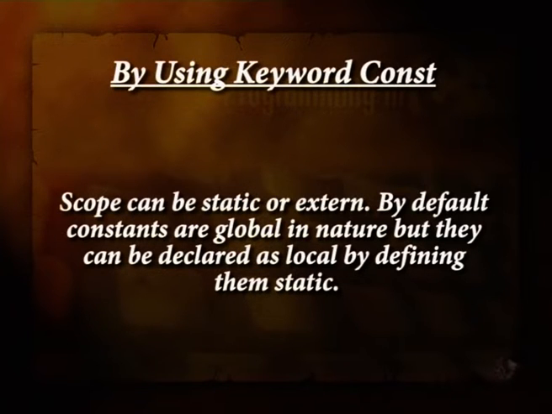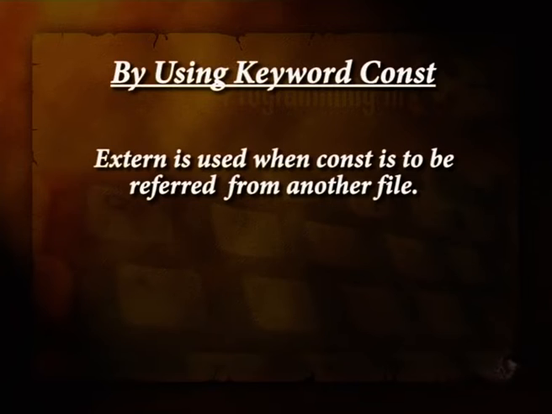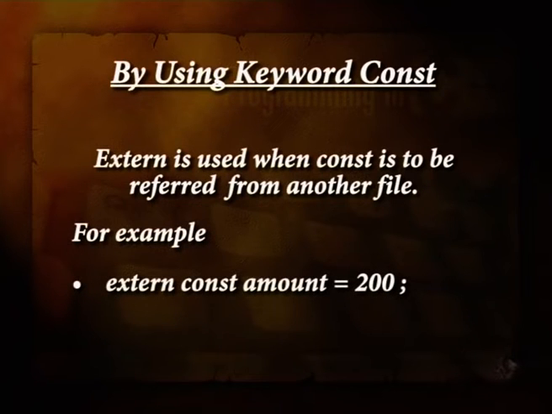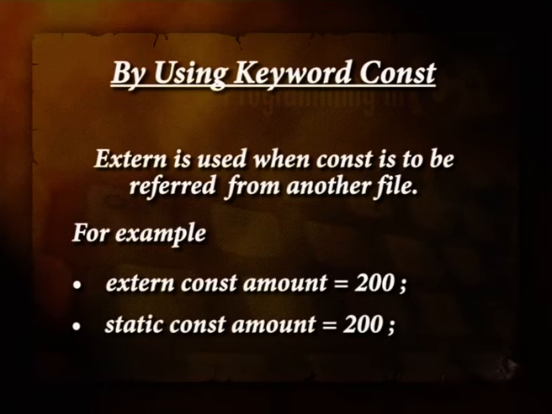By default, constants are global in nature, but they can be declared as local by defining them static. Extern is used when constant is to be referred from another file. For example, extern const amount equal to 200, static const amount equal to 200.